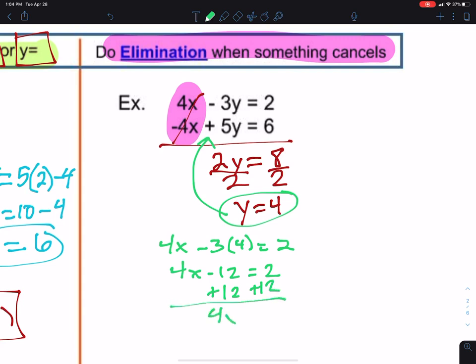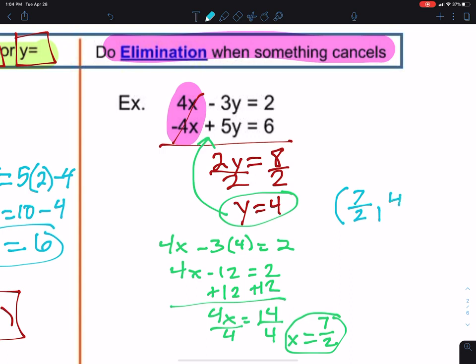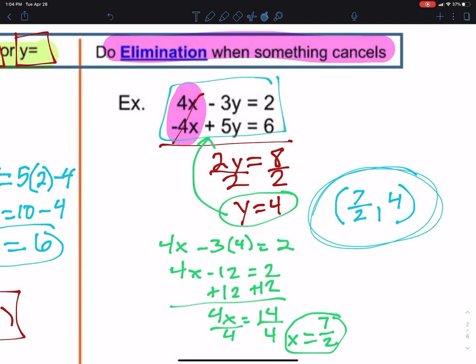I'm left with 4x equals 14. Divide by 4. We simplify that so it becomes x equals 7 halves. So there's my x value and my y value. My solution for this system is (7/2, 4). That is the coordinate point at which these two equations intersect.